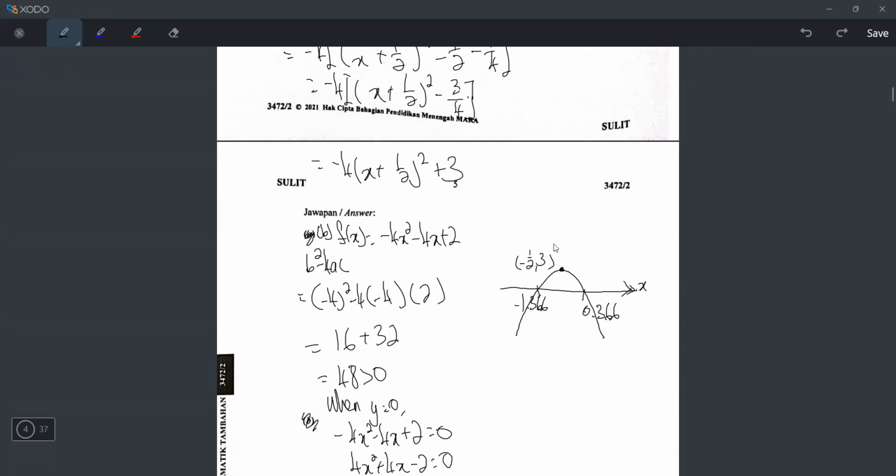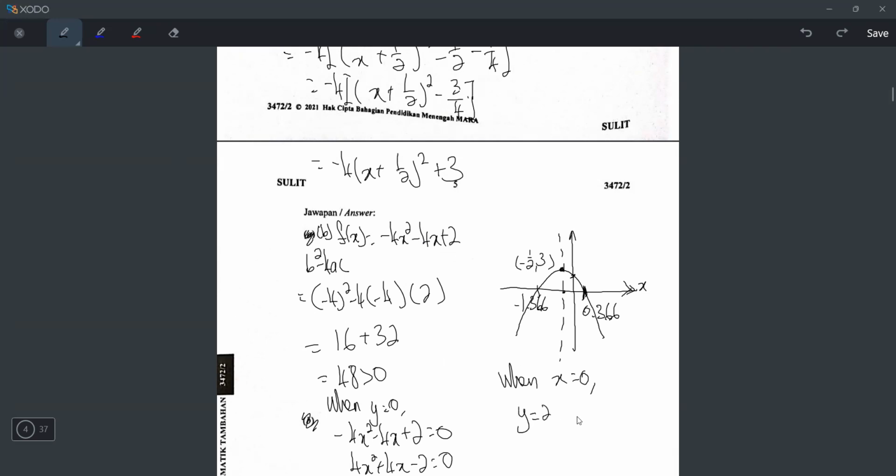All right. Now you will draw the y-axis, and the y-axis will be somewhere here, because this is -1/2. So 0 must be here, right? Because this is 0.366. So it must be somewhere here, right? And you can actually find this point also, but you have to find when x equals 0. So now when x equals 0, you will substitute into here, and you will get fx equals to 2.